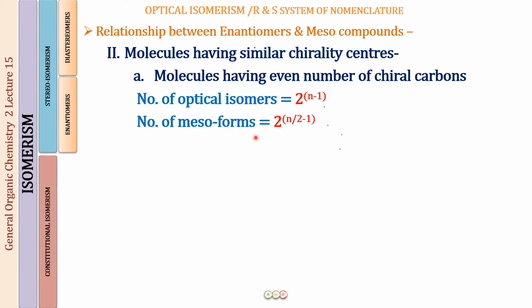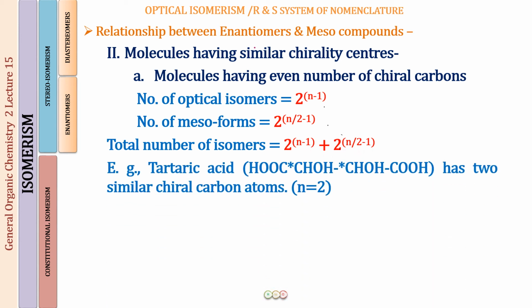The number of mesoforms is going to be equal to 2 to the power n by 2 minus 1, and the total number of stereoisomers will be the total number of optical isomers plus the number of mesoforms, that is 2 to the power n minus 1 plus 2 to the power n by 2 minus 1.